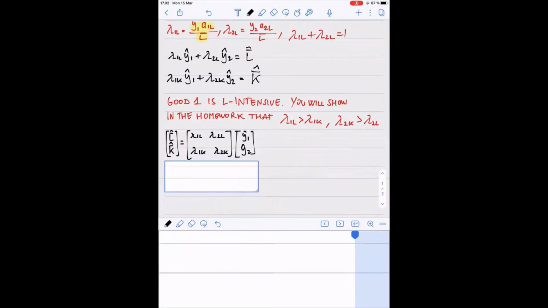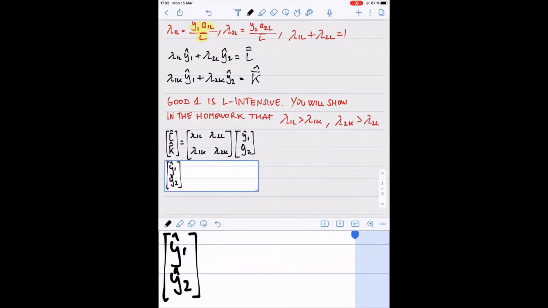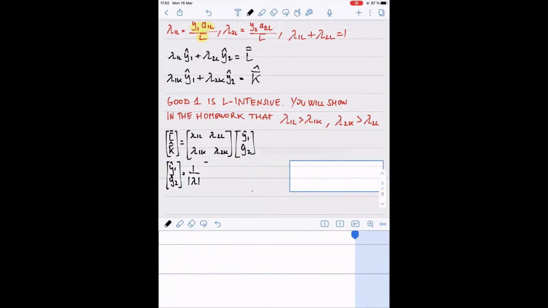Now we're going to invert this matrix, and so we will obtain y hat 1, y hat 2 equals 1 over the determinant of the matrix, which we're going to denote as lambda between the two bars, as if it was an absolute value.